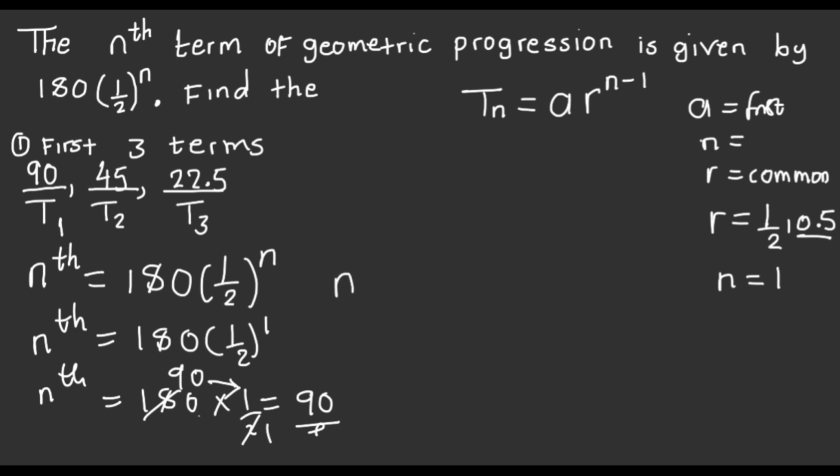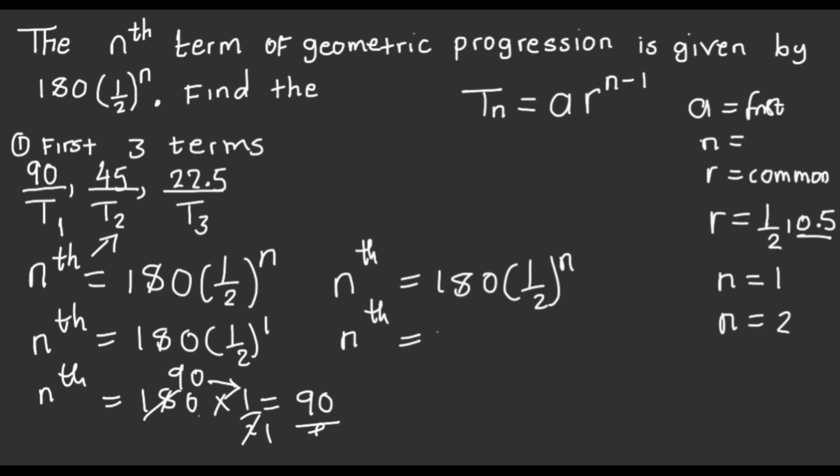So the formula is still the nth term is equal to 180 times half raised to the power n. If you want the number in position 2, this time we are going to say n is equal to 2. So let's substitute where n is equal to 2, which is 1/2 times another 1/2. So 1/2 times 1/2 is 1/4.